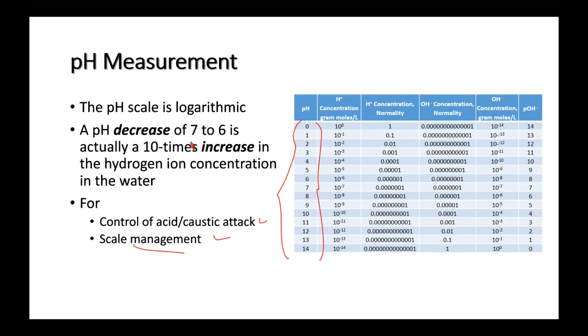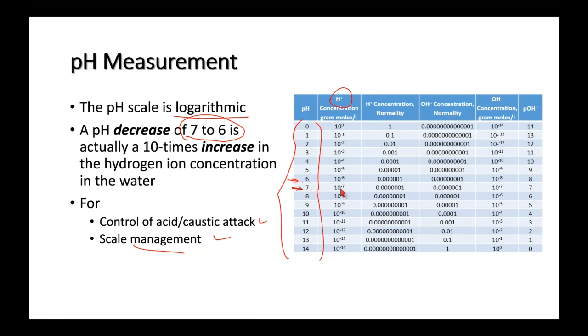So the one thing to remember really is that the scale is logarithmic. So if I go from pH of 7 down to a pH of 6, what we get is a tenfold increase in the number of protons.